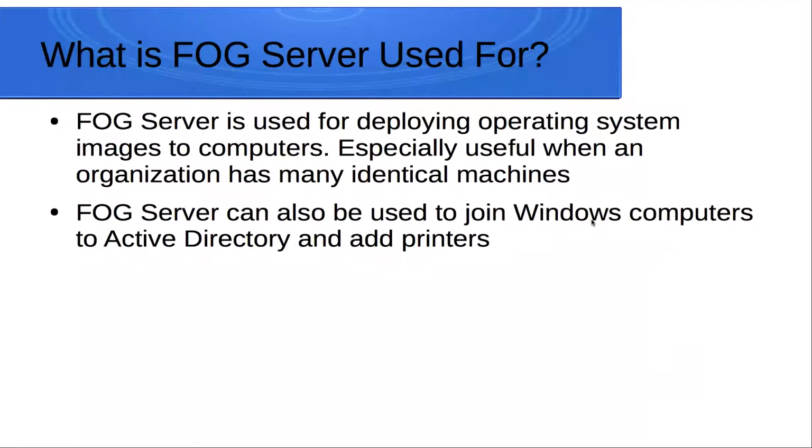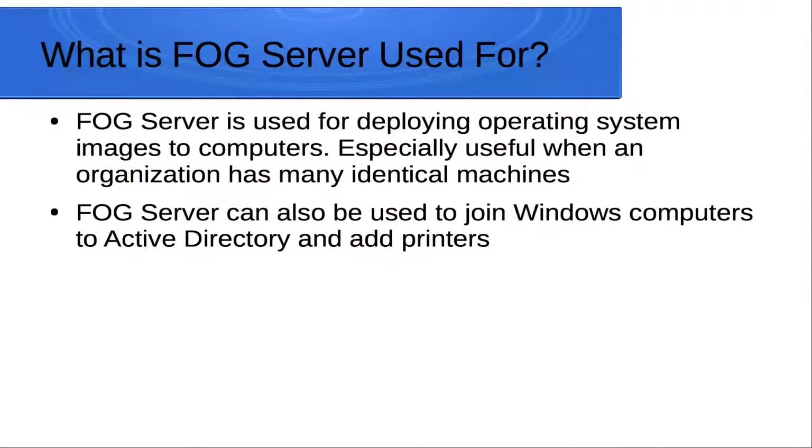All right, what is it used for? Fog Server is used for deploying operating system images to computers. This is especially useful when an organization has many identical machines and they're all going to be using the same operating system and other software. Fog can also be used to join computers to an Active Directory domain and to add printers.